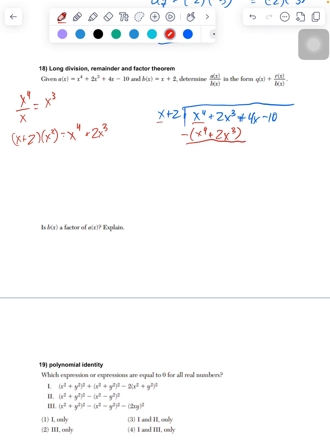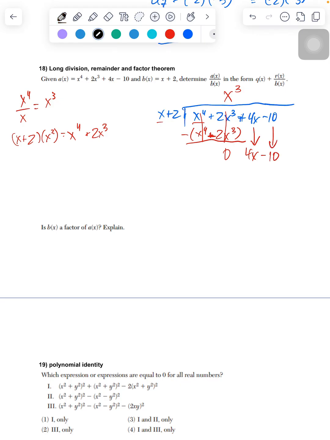Boom, right? I'm going to write my quotient, which is x cubed. All right, so these two cancel out, and what do you know, minus positive minus, and these two also cancel out, so I'm left with 0. So I'm going to bring them both down, right? 4x minus 10, right?